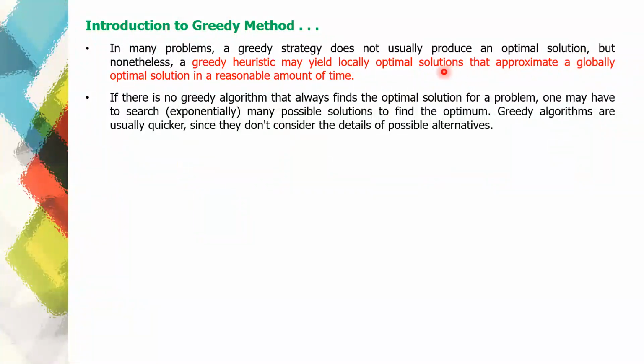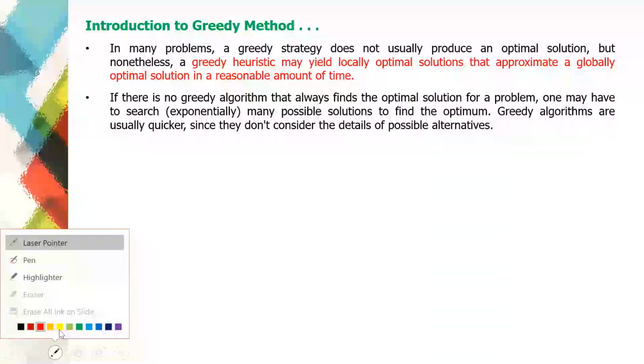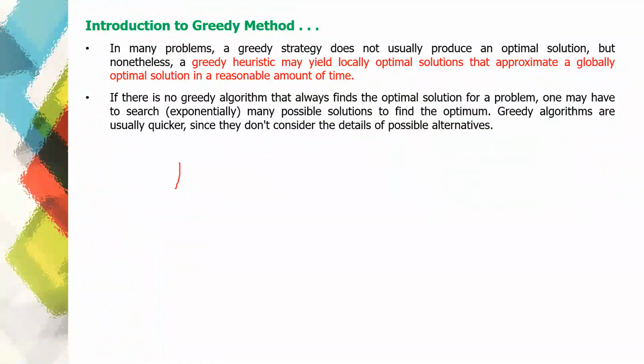The greedy approach produces locally optimal solutions in a reasonable amount of time. I may have a very large solution search space. For a given problem, I'll have many solutions.